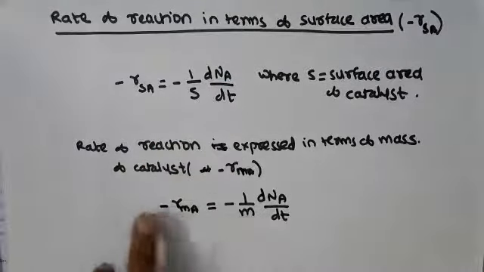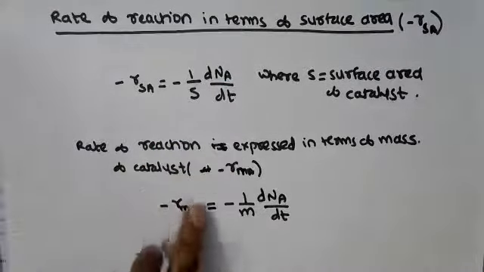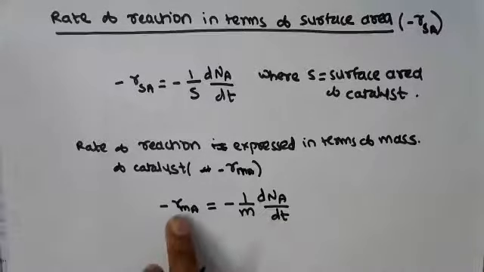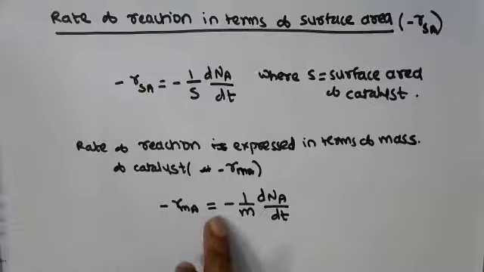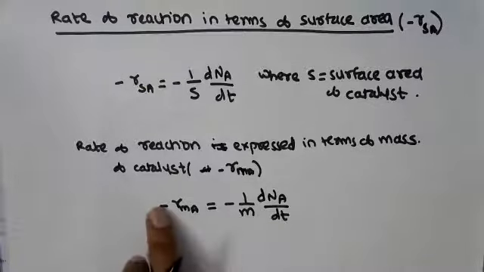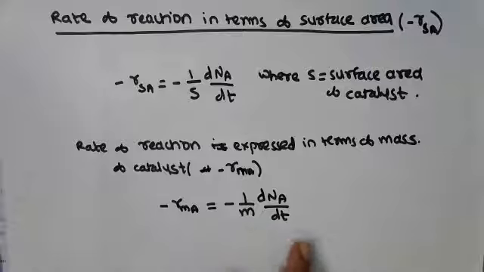Likewise, if you transfer this M to this side, it will be minus RMA into M is equal to minus dNA by dt. Likewise, the earlier expression minus RA is equal to minus 1 upon V dNA by dt. So if that V is shifted to this side, then it will become minus RA V is equal to minus dNA by dt.